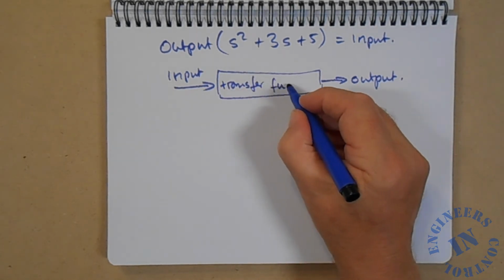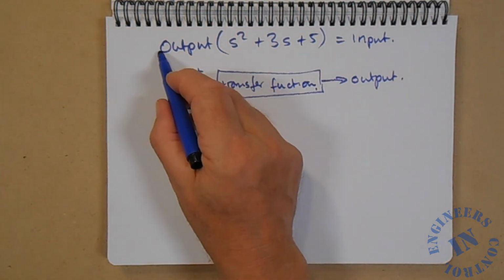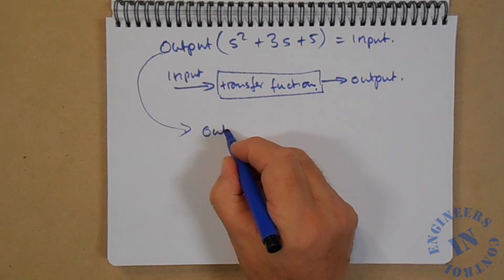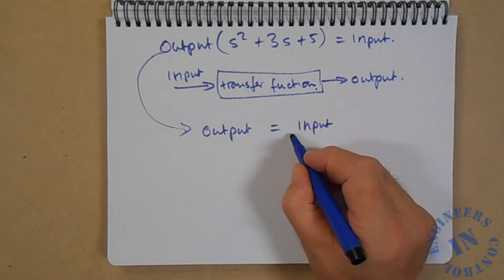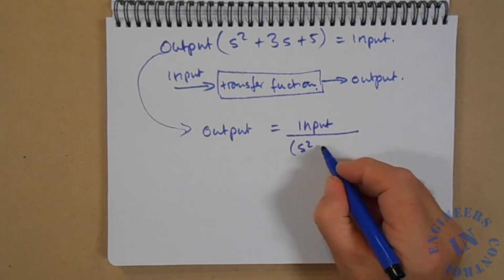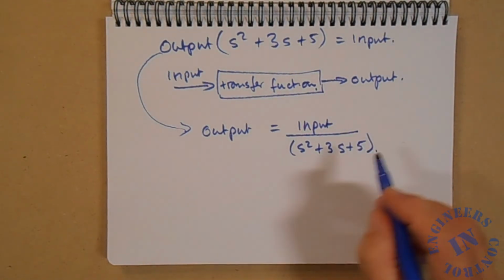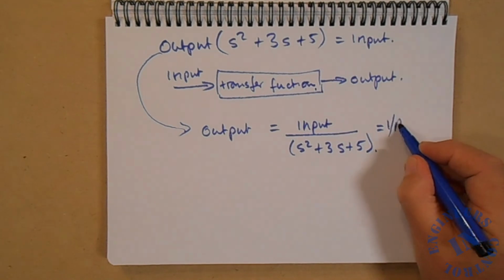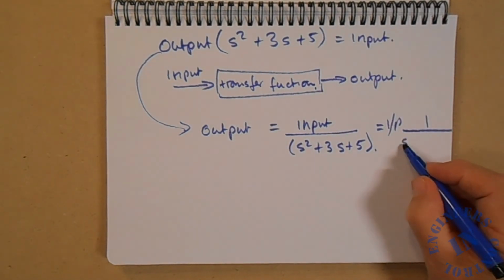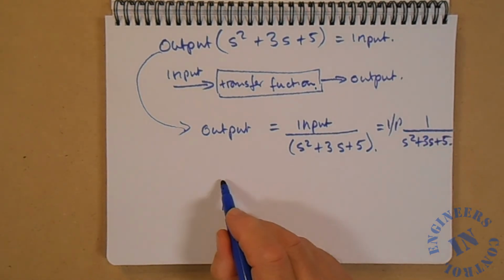What we do is we convert that equation into output equals input divided by s squared plus 3s plus 5, so output equals input times 1 over s squared plus 3s plus 5, and so this is the way it works.